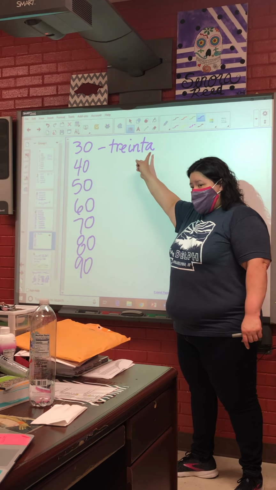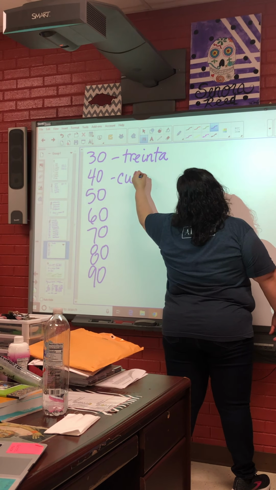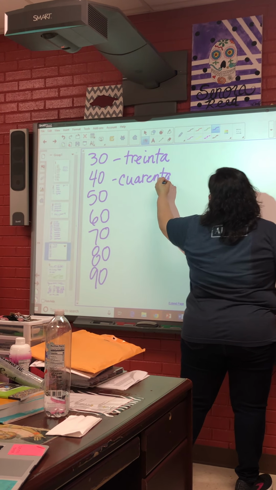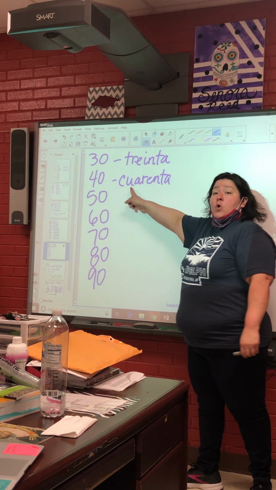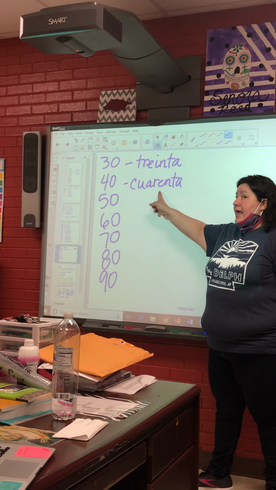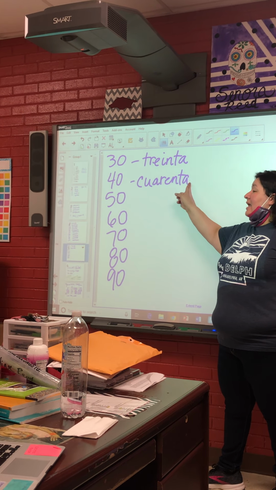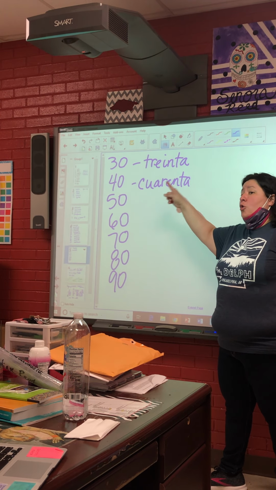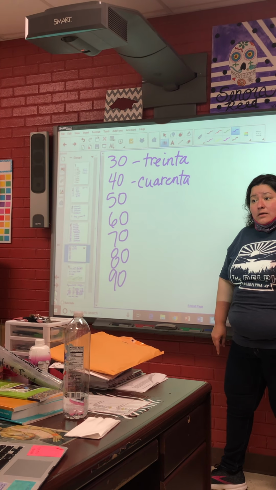Then 40 is, and you're gonna sound this out, let's do this. It's a K, right? U, A, E, A. 40. Clase, repiten 40.